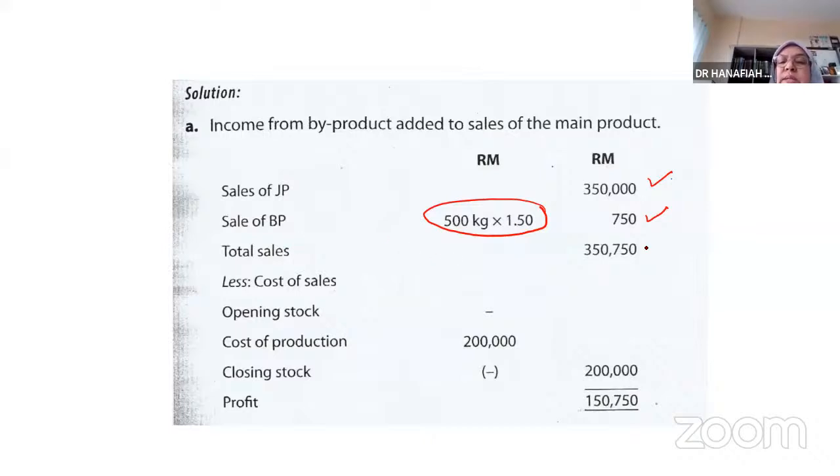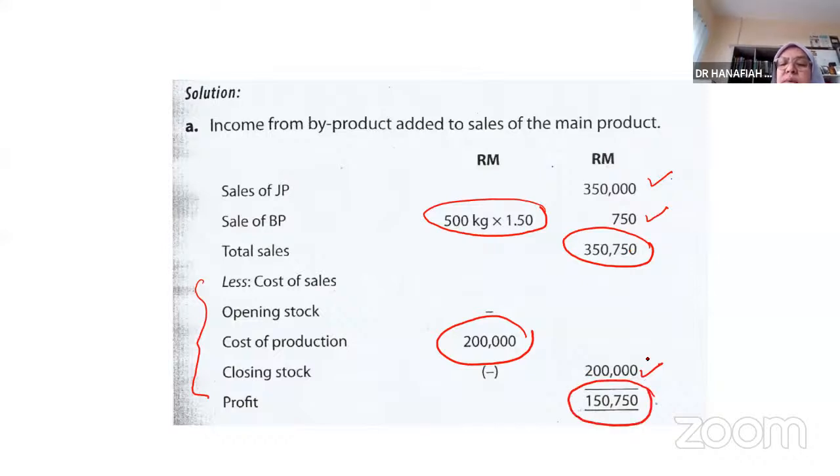So the total sales now is 350,750. And the cost of sales, which is the cost of production here, is 200,000. And the profit you earn is 150,750 if you add the byproduct to sales of the main product.